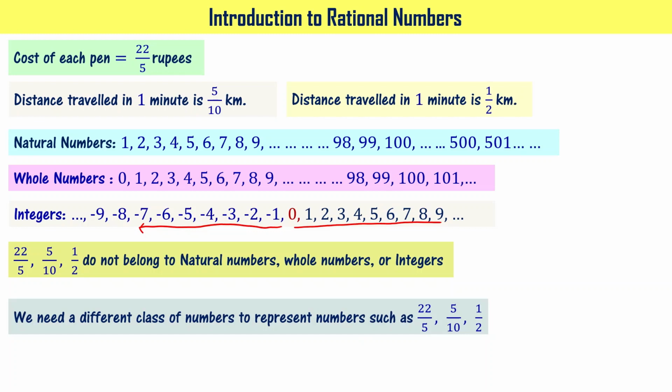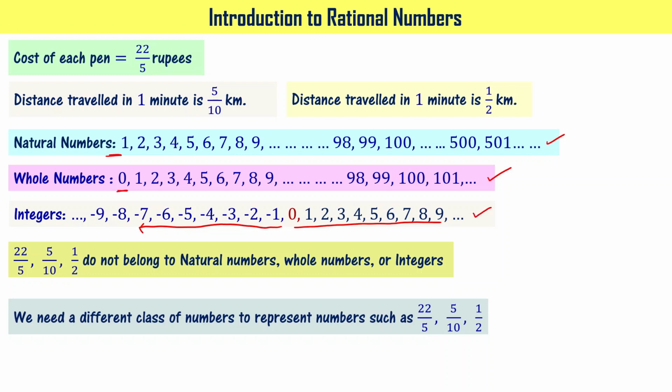It means we need a different class of numbers to represent numbers such as 22 by 5, 5 by 10, and half, right? For example, in the case of no birds, we couldn't represent that using natural numbers, right? For that, we had to bring in something like 0, which is part of whole numbers. And when you had to subtract a larger number from a smaller number, we couldn't do it with natural numbers and whole numbers, but with the help of integers, we could do it, right?